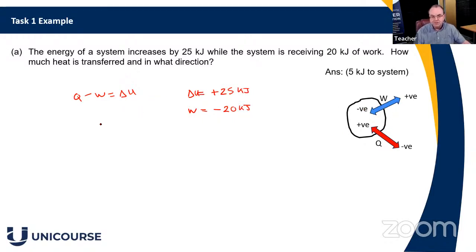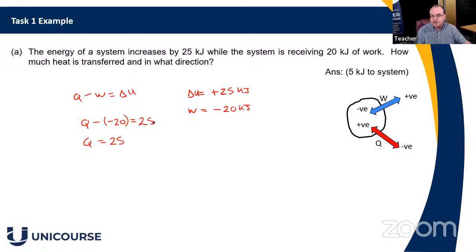So we now put our numbers into our equation. Q minus W, W is minus 20. That's equal to delta U, which is 25. If you rearrange that, you get Q is equal to 25. I've got a minus next to a minus, that becomes a plus.